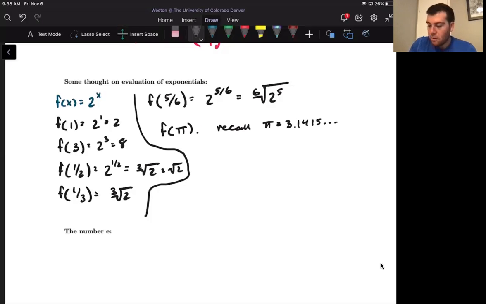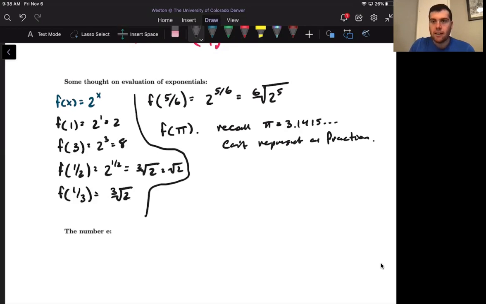It's 3.1415 and so on, and can't be represented as a fraction. Now, if we could represent it as a fraction, it'd be easy. We would just do what we have above. The f of 5/6, we would instead put in the fraction for pi and just do that. But pi doesn't have a fraction, so we can't do that.